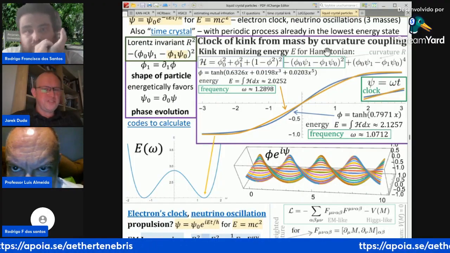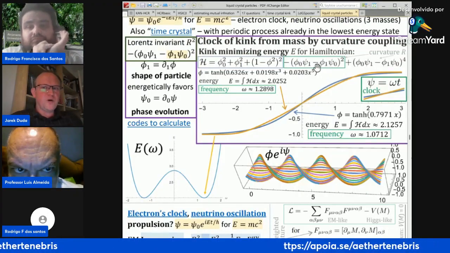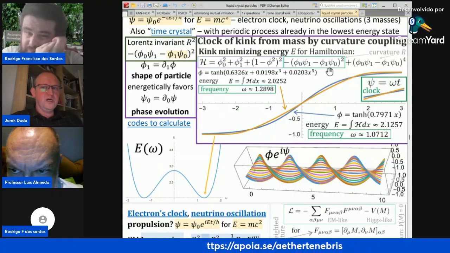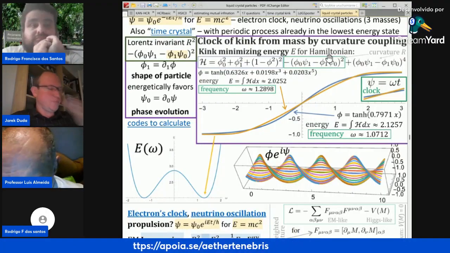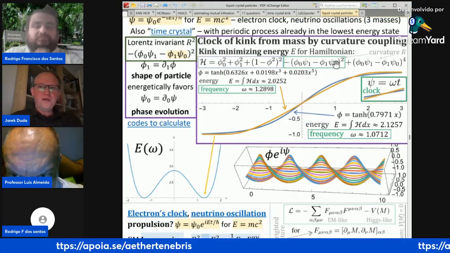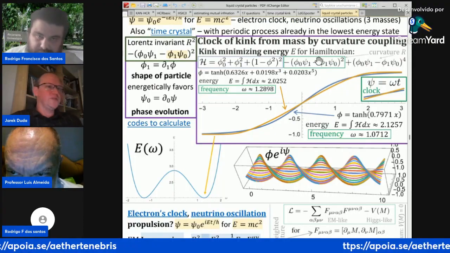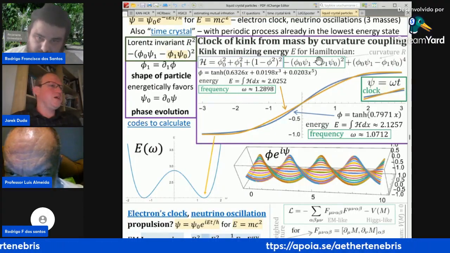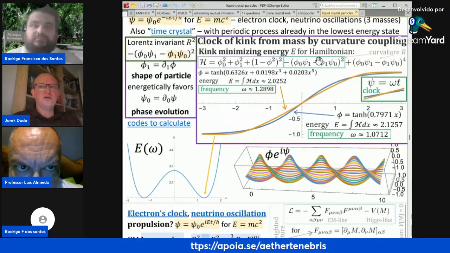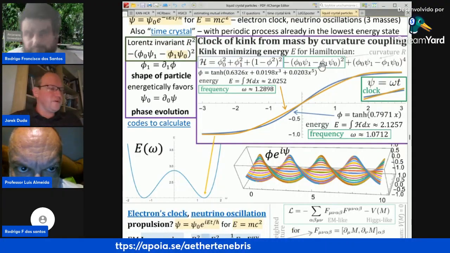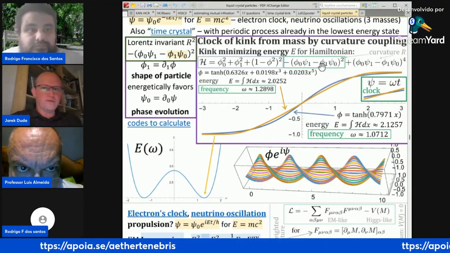So literally, in the presence of the particle, when the phi derivative is non-zero, there appears a tendency for time evolution. Exactly what we need: literally the mass of the particle, as its field structure, brings an energetic tendency for the clock of the electron, of the neutrino finally.